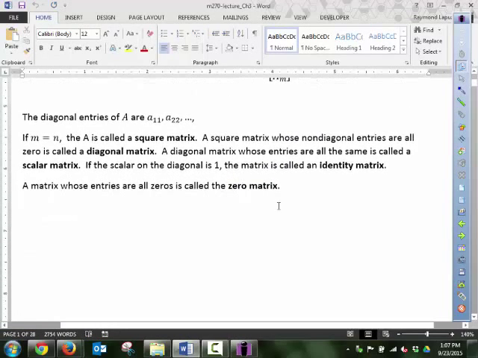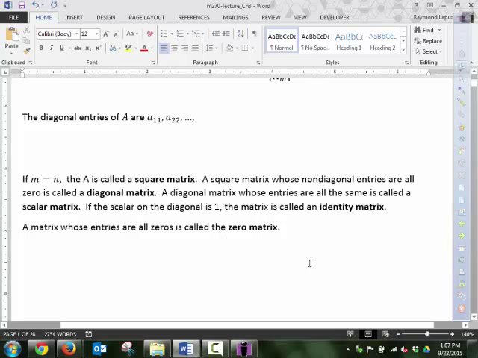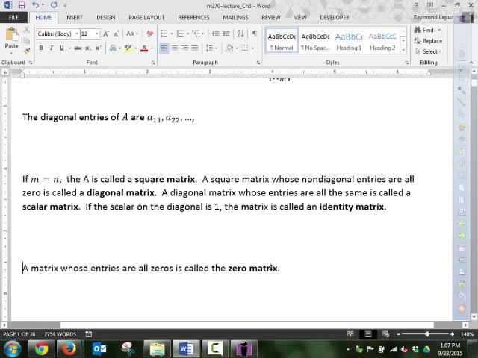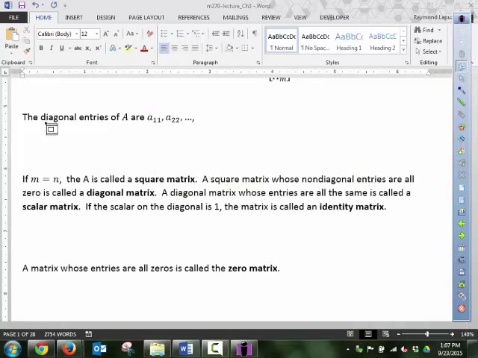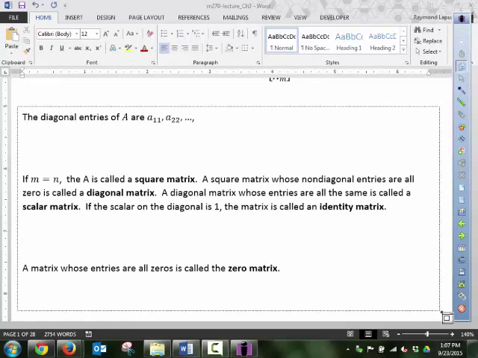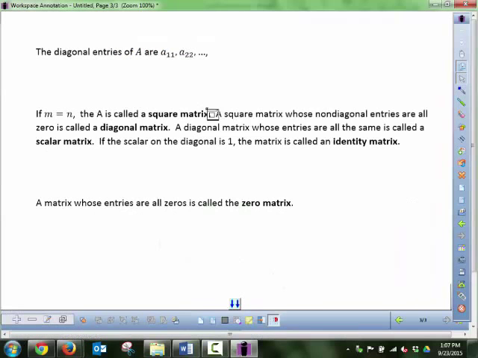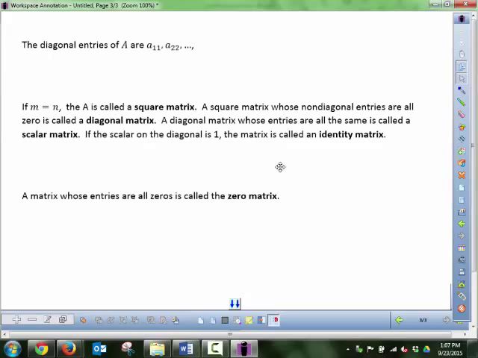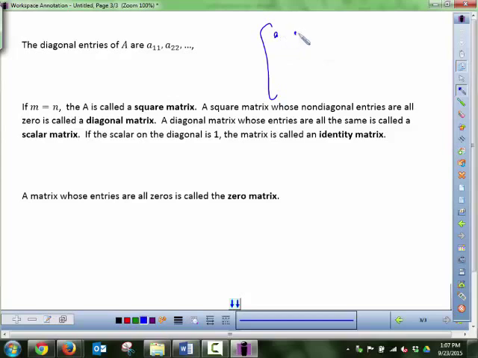Diagonals also play an important part of the matrix. As you can guess, or just probably visualize, if you have a matrix, you just go down the diagonal, and when I say diagonal, I mean the diagonal that goes down this way.